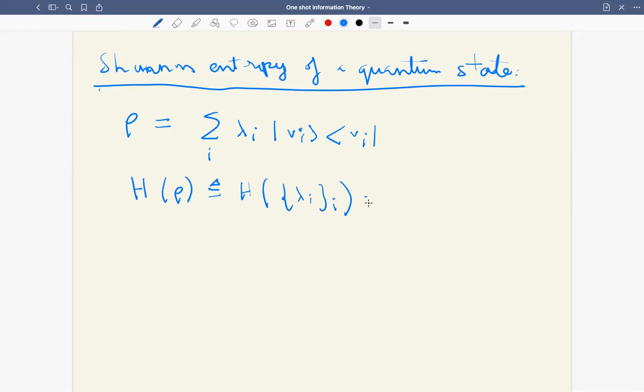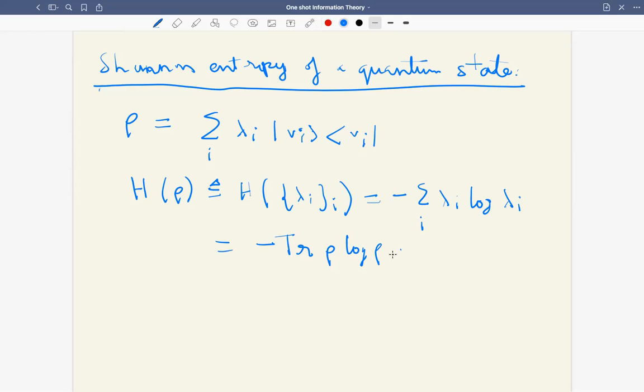If you recall, this is negative summation over i of lambda i log lambda i. And there's a fancy notation, but it's useful to know: this is negative trace of rho log rho. So I'm now using fancy matrix notation.